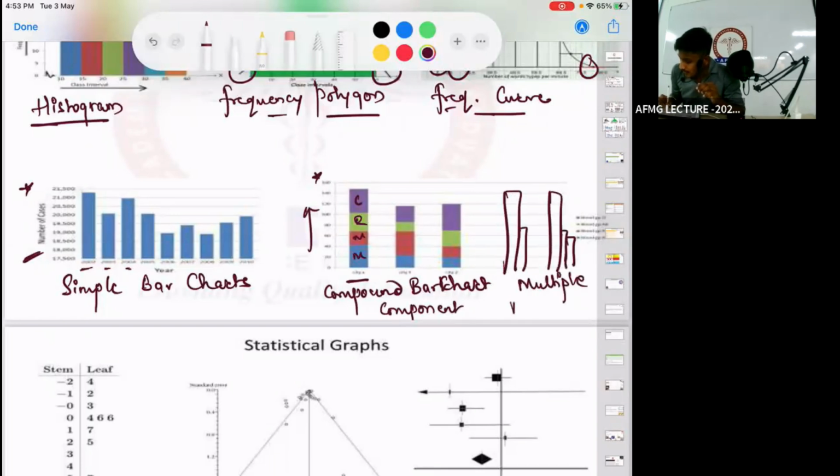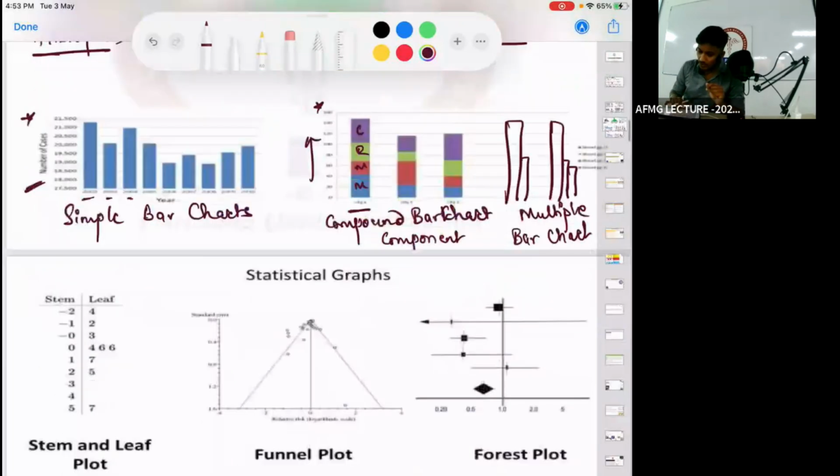If you can see different components in a single bar, then it is a compound or component bar chart. But if you can see multiple bars together in clusters, then it is called a multiple bar chart. No issues with diagrams now.